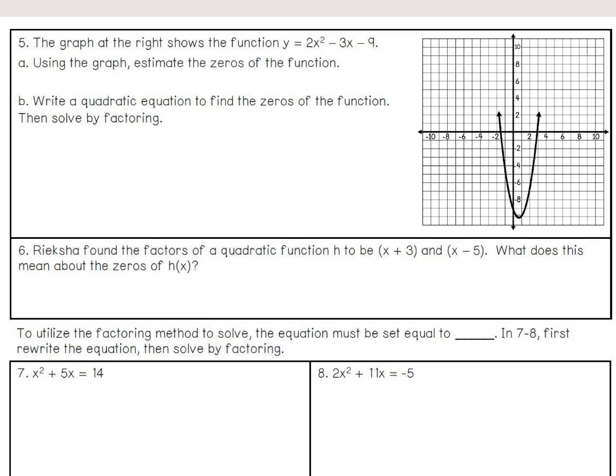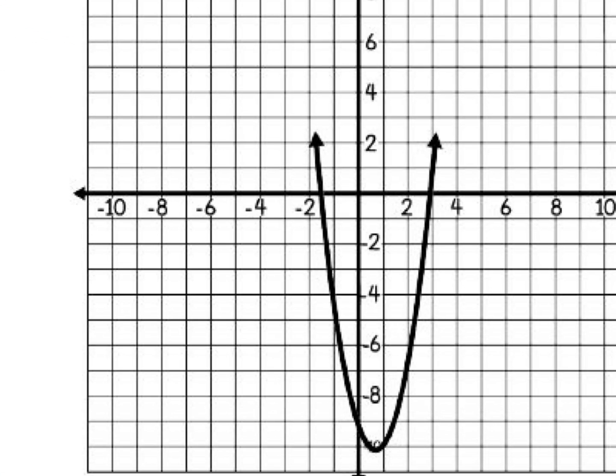Okay? On the back is why it's important to do the factoring. This is kind of like the one we did for our warm-up. They give us the equation and they give us the graph. But notice that these are not nice, pretty coordinates. When we zoom in, there is 1, so that's nice. But this one, I mean, we could guesstimate it.